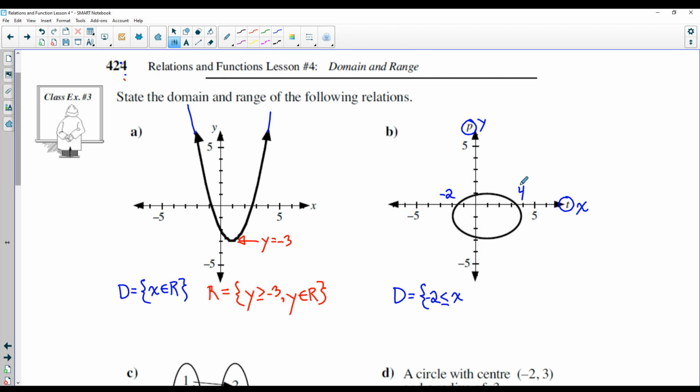Okay, all x values must be less than or equal to 4. So we can write down x is less than or equal to +4. And if we're in this little area here from -2 to +4, what kind of x values are allowed? All of them. Okay, all real numbers are allowed as long as you're between -2 and +4.